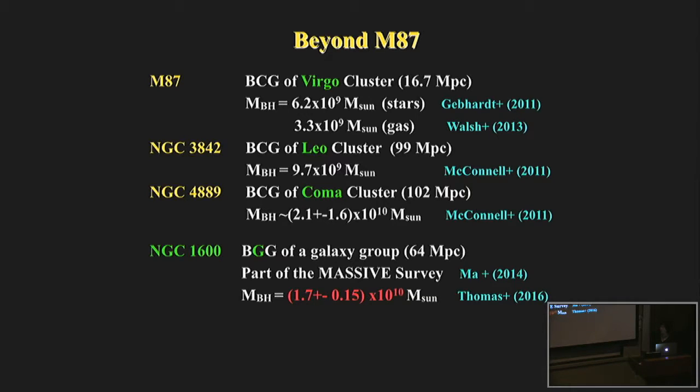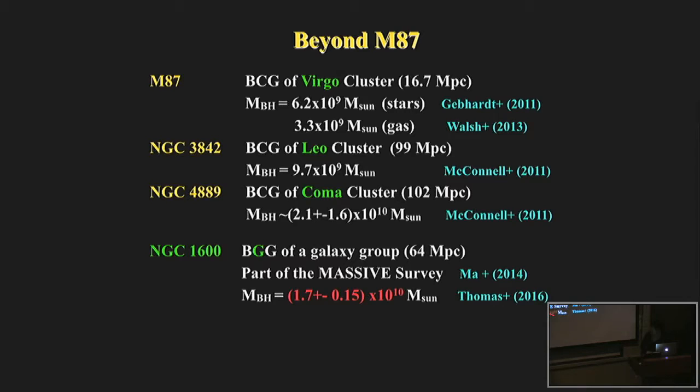So we targeted this galaxy, and it is obviously massive in stellar mass, though not nearly as massive as 4889, but what's striking about this galaxy is that it's in a fairly normal, wimpy group. It's not a gigantic cluster like the Coma cluster or the Virgo cluster. And it's at a distance a little closer, at 64 megaparsecs.